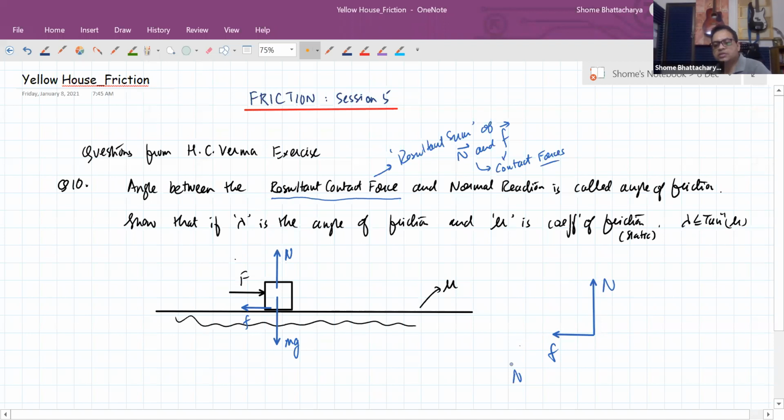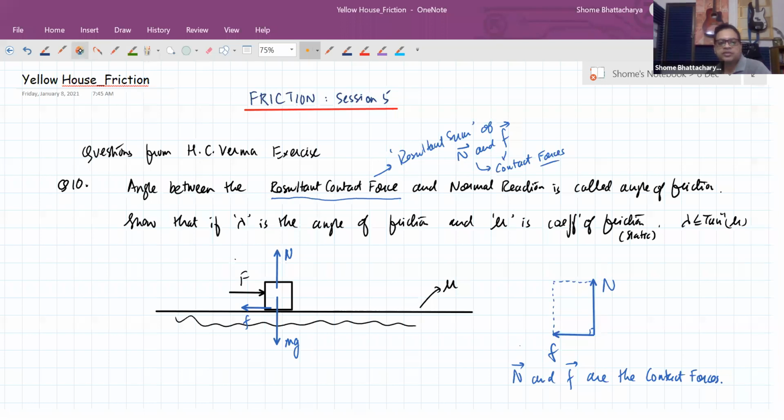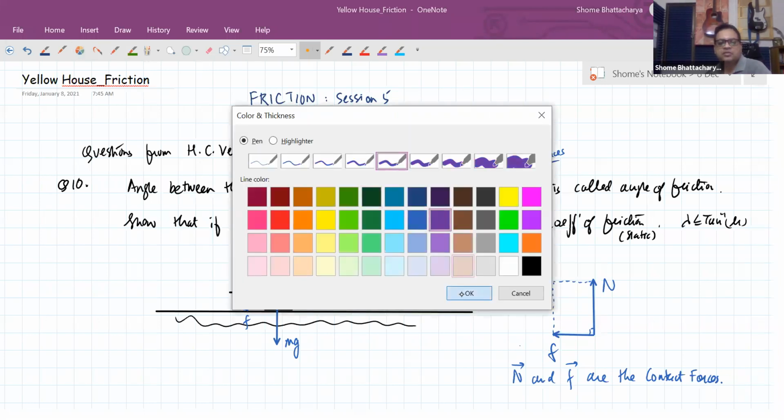So normal reaction and friction are the contact forces. Their vector sum, they'll always be perpendicular to each other because one is tangential and one is normal, will be a force which is like this.